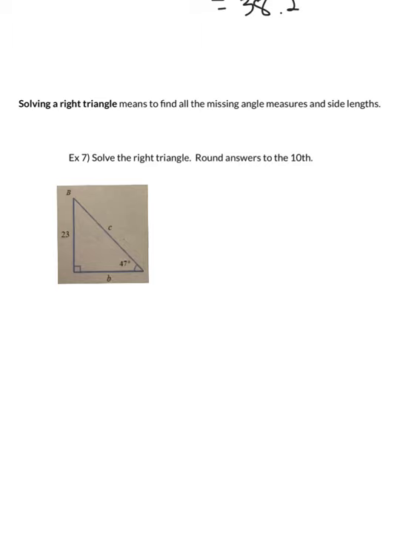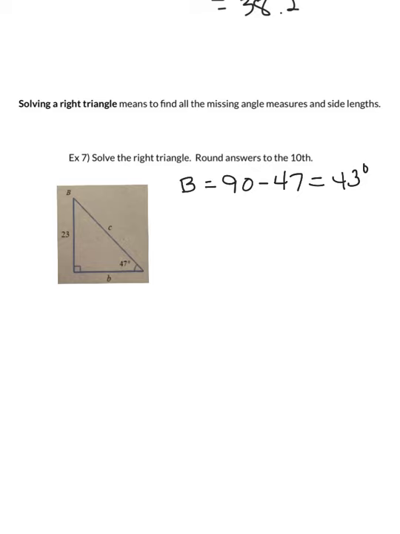So that means that the other two angles have to add up to be 90 degrees. If we know that one of the angles is 47, then angle B must be 90 minus 47, which is 43 degrees.